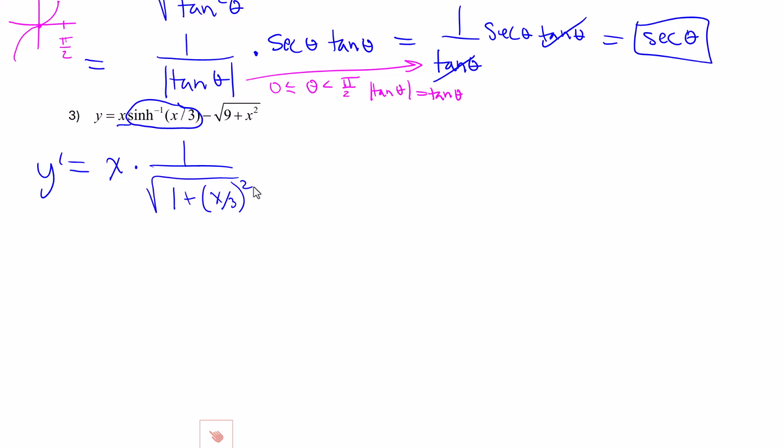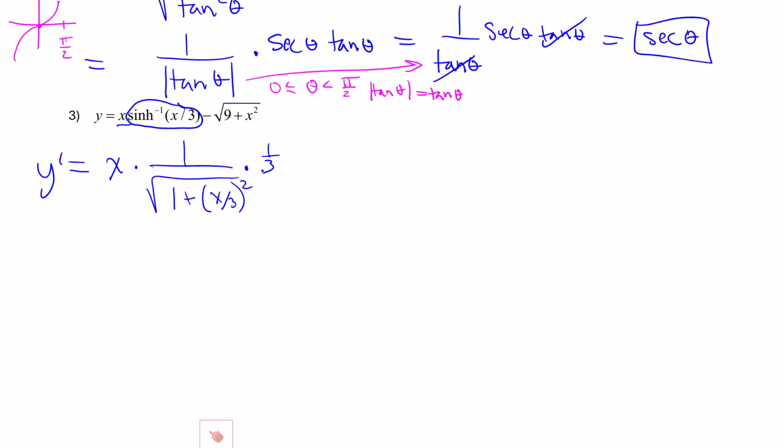Okay, so far we have x, that's the first, times the derivative of the second, which we're not even done with yet because we have 1 over the square root of 1 plus the input x over 3 squared. But then we have to multiply by the derivative of that inner piece. Here comes the chain rule, right? If you're using the u version that we wrote above, then we multiply by u prime. Well, if u is x over 3, then the derivative of that with respect to x is simply 1/3. So we'll have an extra 1/3 that's popping out from the chain rule there.